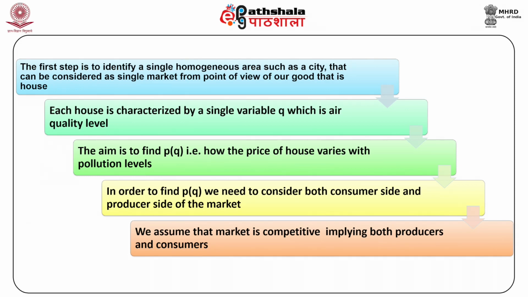Each house is characterized by a single variable Q, which is the air quality level. The aim is to find P, that is, how the price of the house varies with the pollution levels, that is, P as dependent on Q. In order to find P as dependent on Q, we need to consider both the consumer side and the producer side of the market.